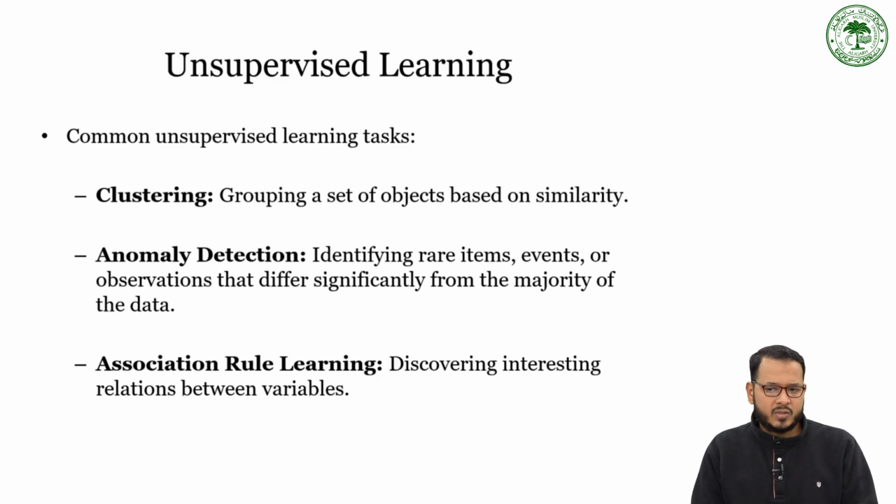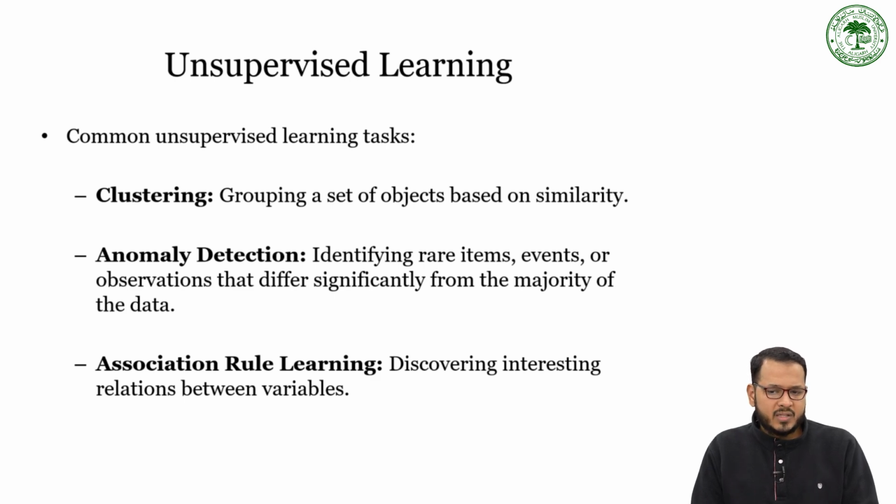Then comes association rule learning as an unsupervised learning task. It discovers interesting relationships or associations between variables in large data sets. There is a very famous algorithm called the Apriori algorithm for the same.